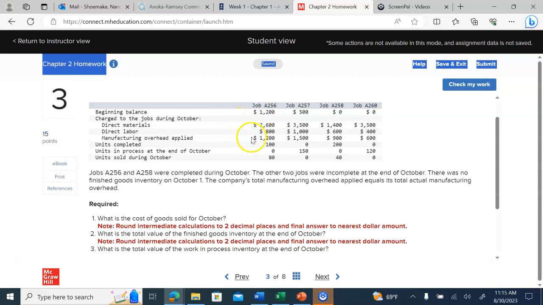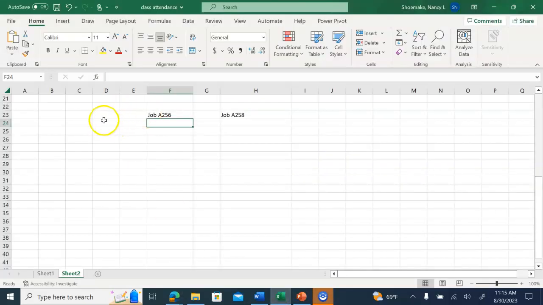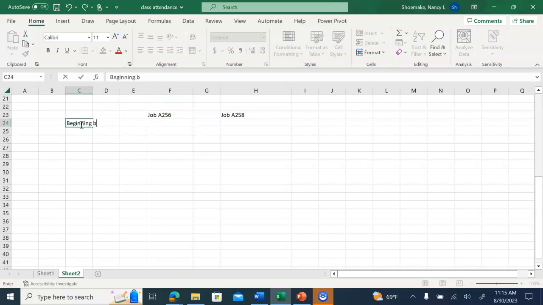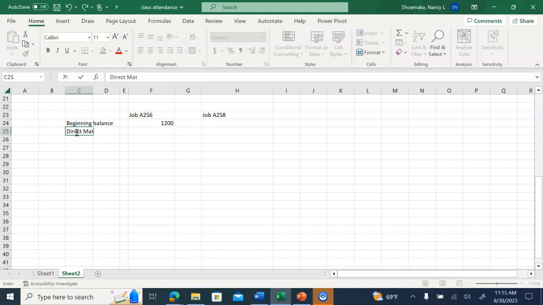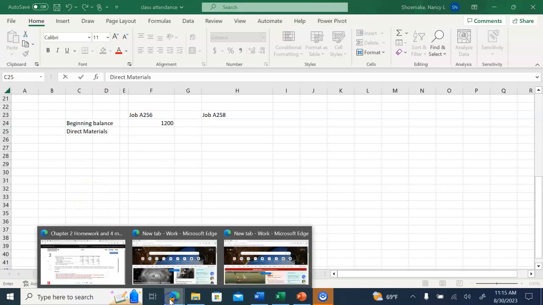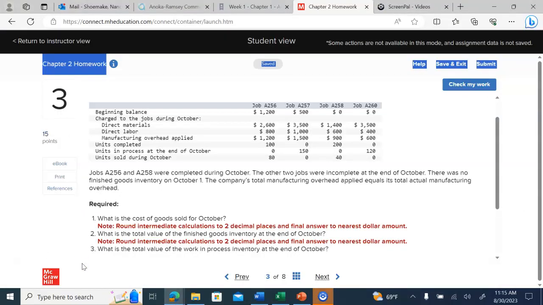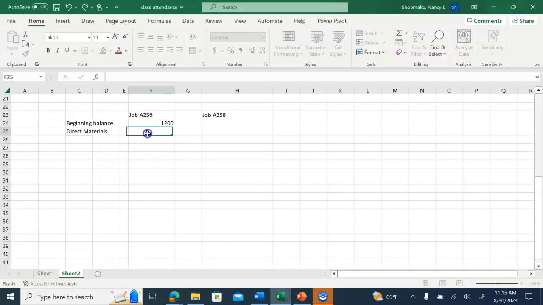and manufacturing overhead. So we will take here the beginning balance. That one was $1,200. Then we will add the direct materials, and that is $2,600, and direct labor is $800.